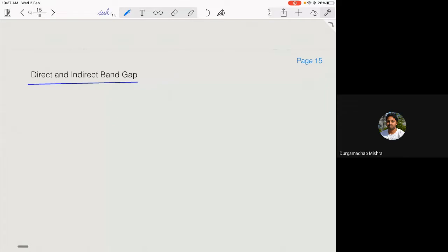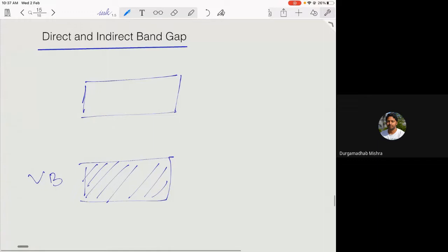So when we take a schematic diagram of a semiconductor, we said this is our valence band. This is your conduction band. So this is EC and this is EV.